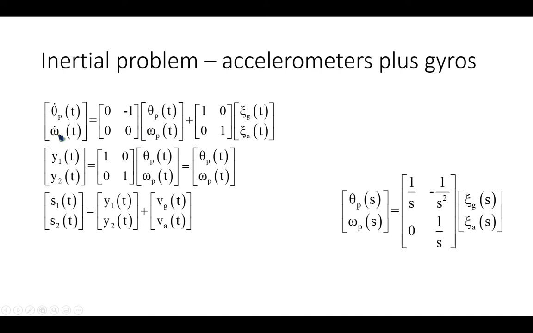Omega dot is acceleration. Omega here is angular velocity, and there's a very simple relationship between that. The minus signs due to gravity acting in the other direction. And we can get the transfer function of this, and it's just a very simple transfer function. So this is our mathematical model, if you like, it's just the equations of motion.